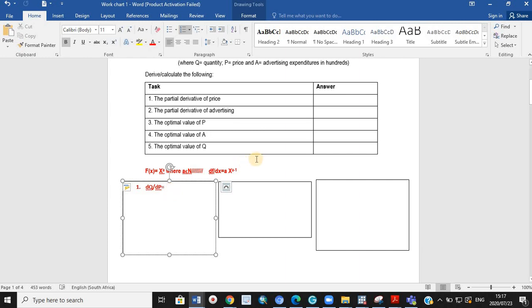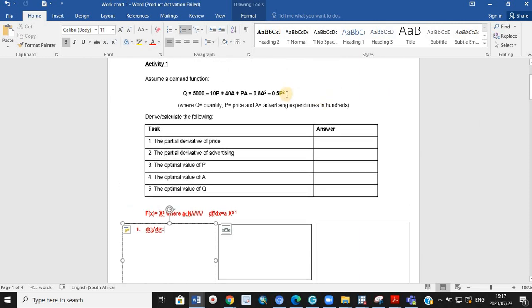We will do likewise. Looking closely at our expression, this is going to be 0, then this is going to be minus 10. Why? Because p to the power 1 minus 1 is p to the power 0, and anything to the power 0 is 1. The second one is 0 because it does not have price.